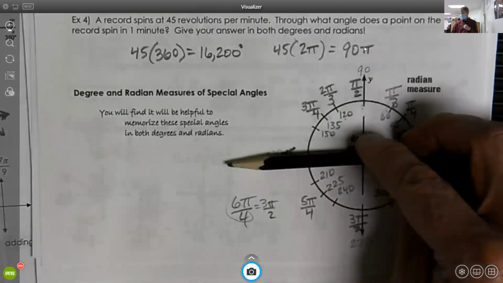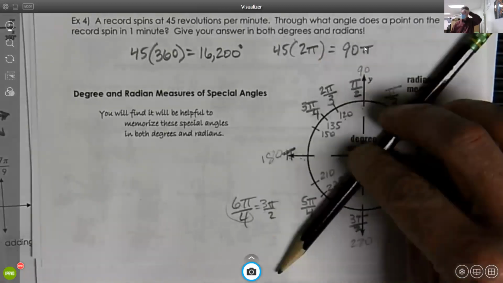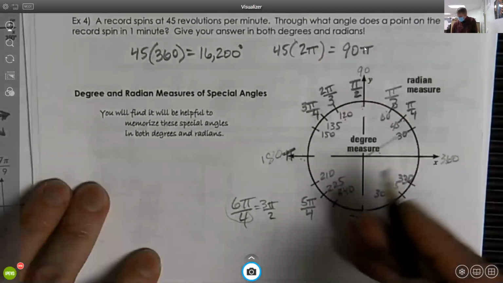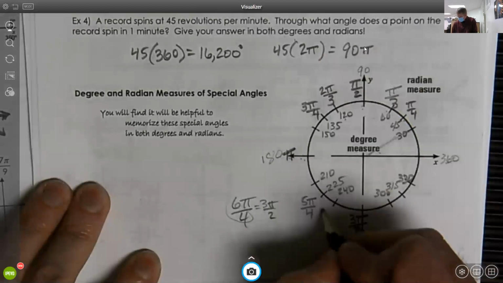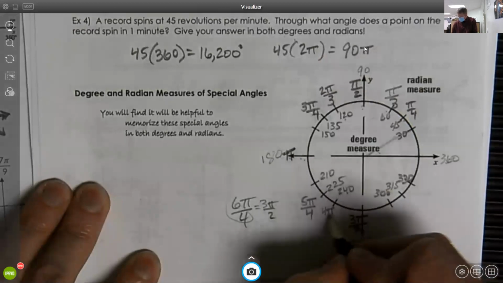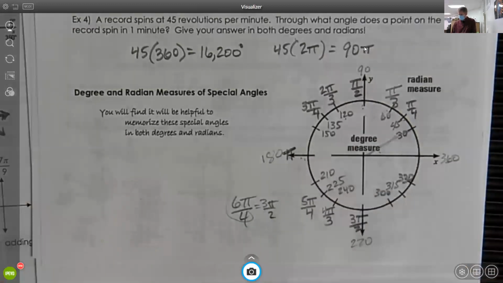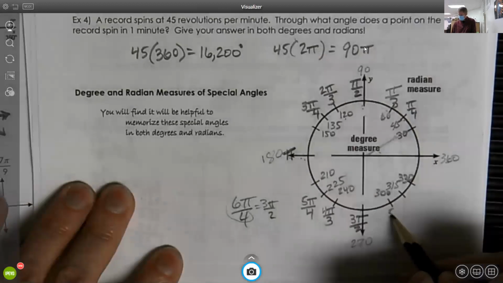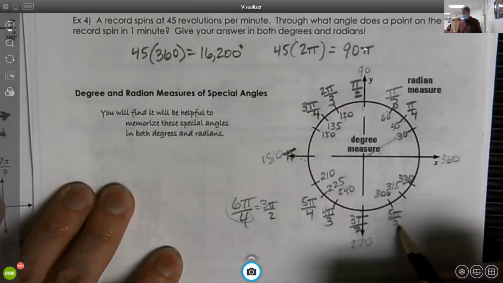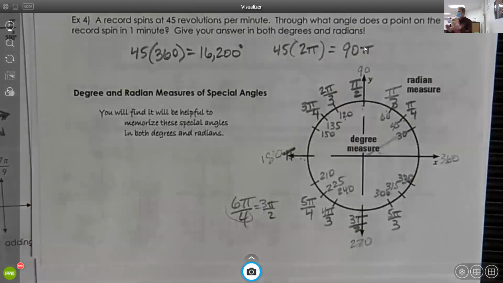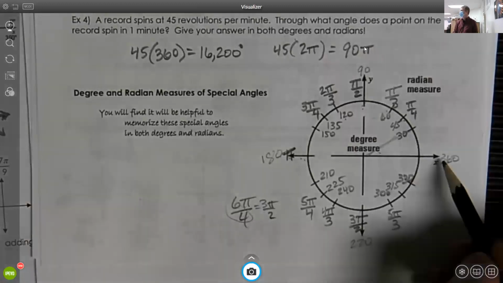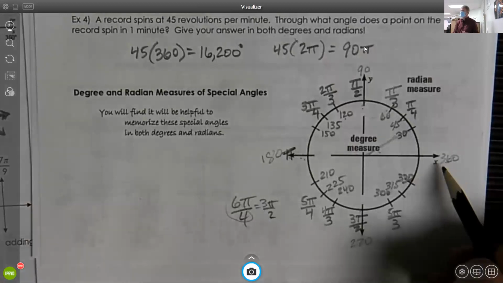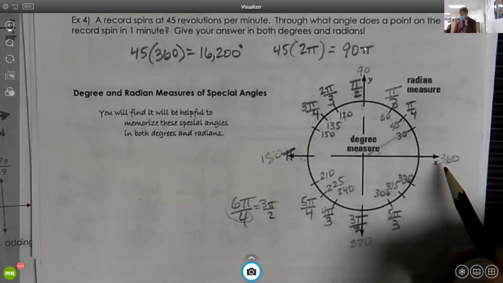And another 60 degrees takes you to 4 pi over 3. Then you would have 5 pi over 3. So you're counting this by equal amounts. And then 6 pi over 3, which is 2 pi. The math has to match if it lands on the same coordinates.